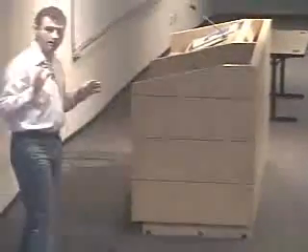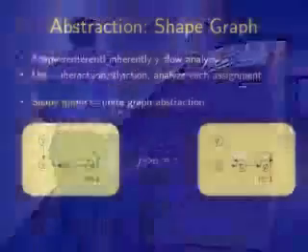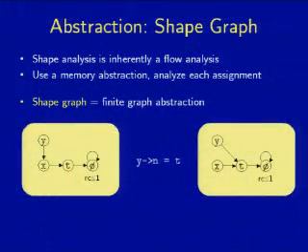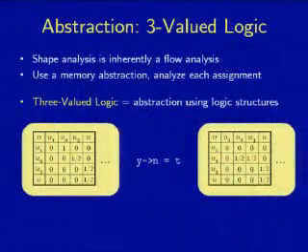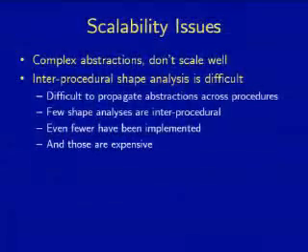Okay, so this is how all shape analyses work. Now, what is the abstraction? There have been various proposals. The most common ones are shape graphs, which encode the memory using finite graph abstraction, or three-valued logic, where you encode the shape graphs using three-valued logic structures. Okay.